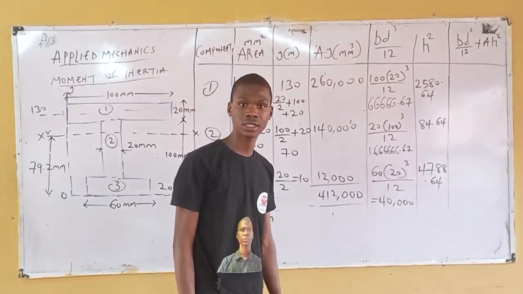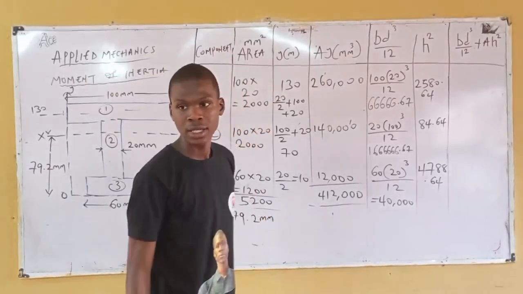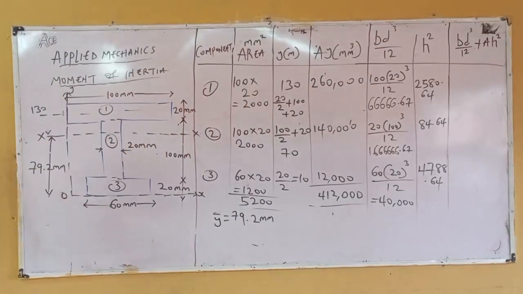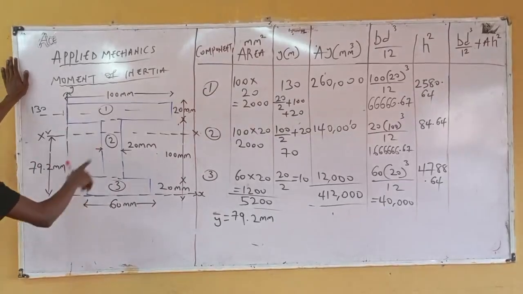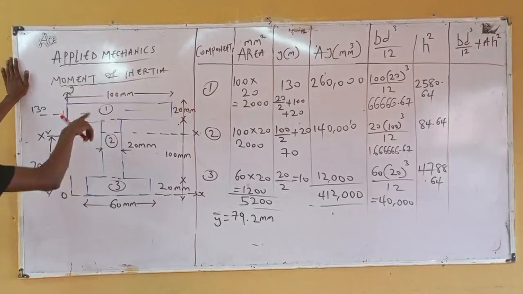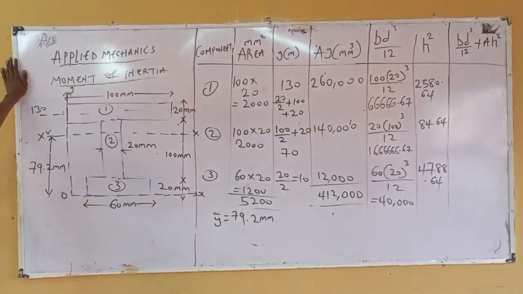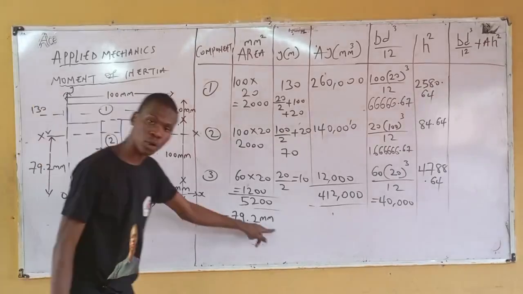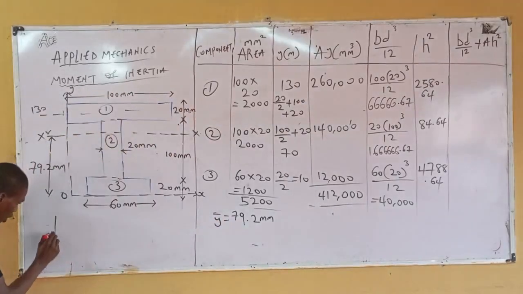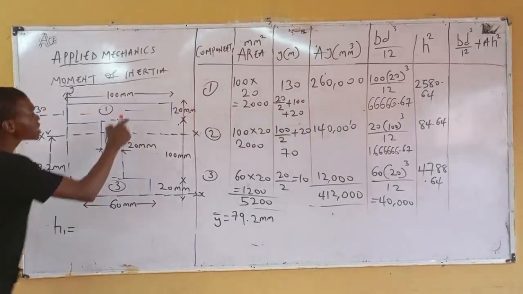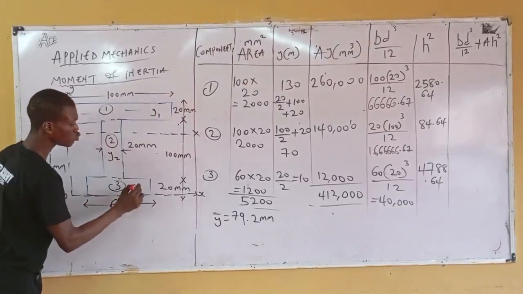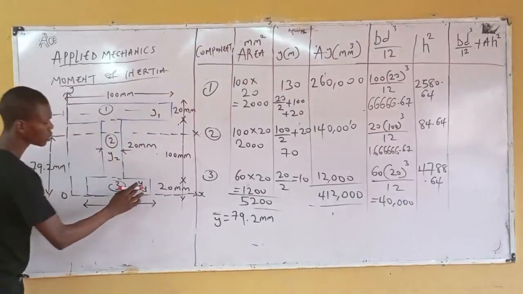How we get H? That's H3. Yes, okay, this H3. Here is very simple now. From here, looking at this, what was the total centroid we got? 130. No, the centroid of this full shape is what? 79.2. So H1 is equal to, let's say the centroid of this one is Y1, the centroid of this one Y2, the centroid of this one Y3.